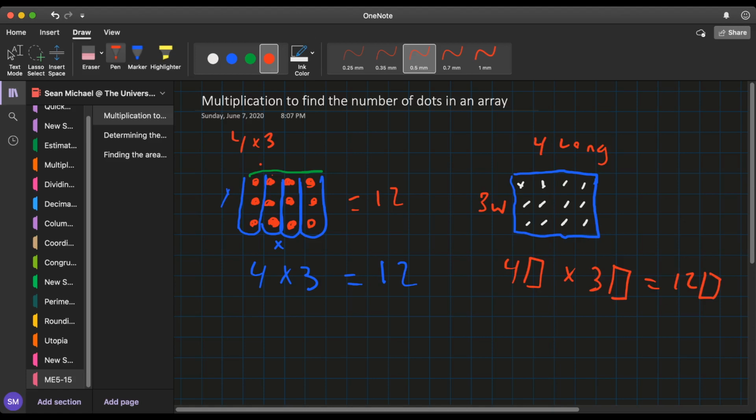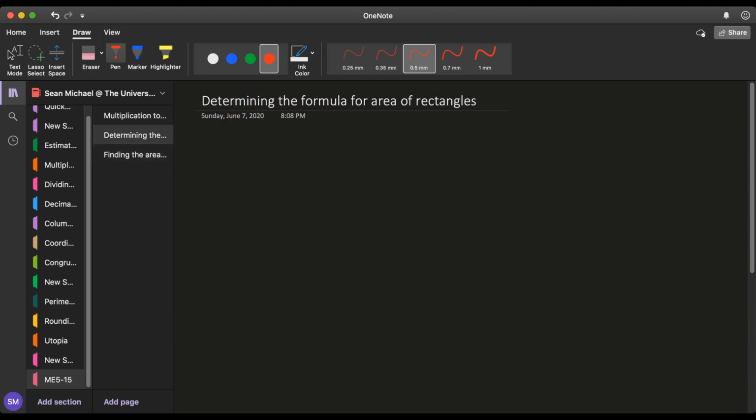Let's move on to another option. How about I just draw something without the grid? It's not going to be as great, but let's take this.